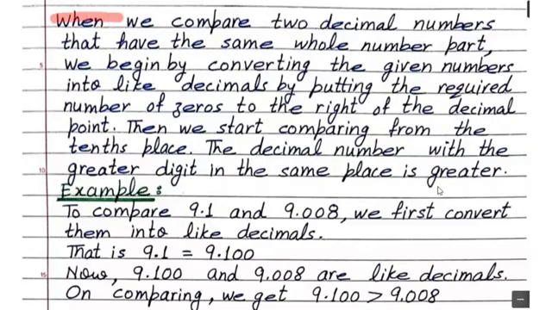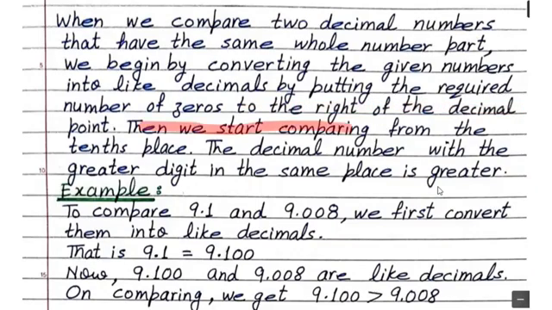Children, when we compare two decimal numbers that have the same whole number parts, we begin by converting the given numbers into like decimals by putting the required number of zeros to the right of the decimal point.